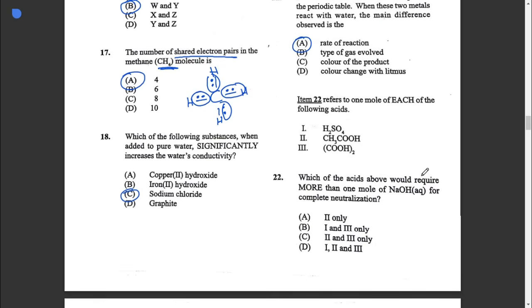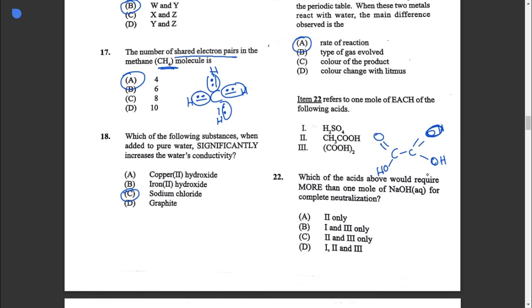Item 22 refers to 1 mole of each of the following acids: sulfuric acid, vinegar or acetic acid or ethanoic acid, and oxalic acid. Let me quickly write the structure of oxalic acid for those of you who aren't so sure. C double bond O, OH, C double bond O, OH.